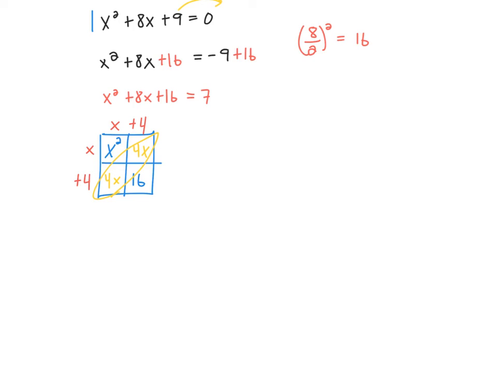So my two factors here are going to be x plus 4 and x plus 4, or x plus 4 squared equals 7.